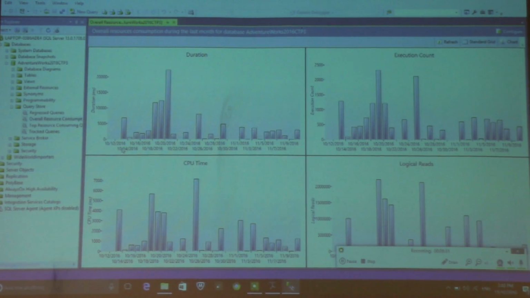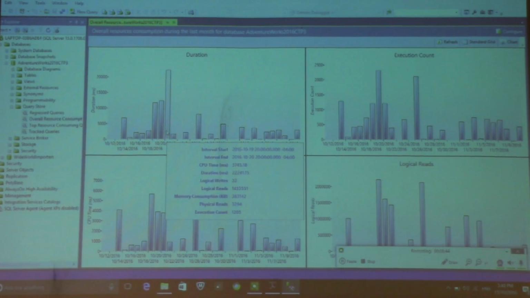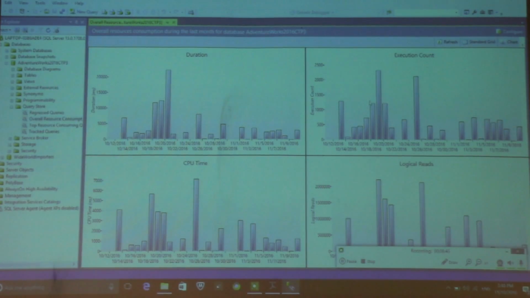For example, the first graph is showing the duration of the queries based on the day of submission. And the second one is the execution count, how frequently queries are executed on different days.